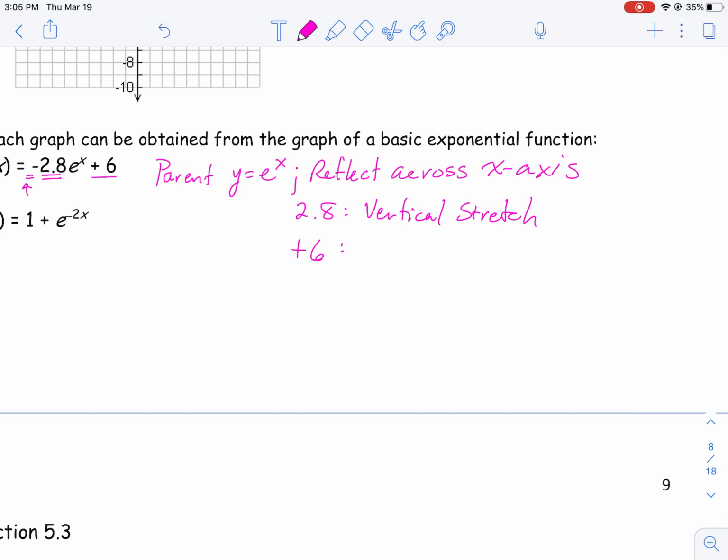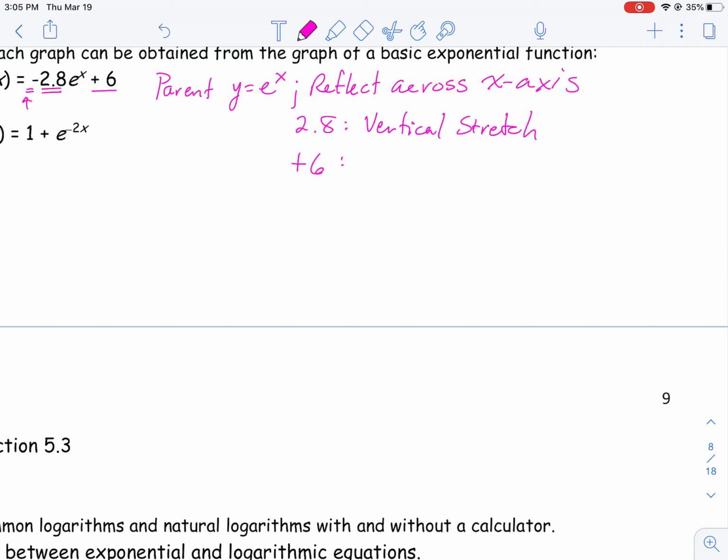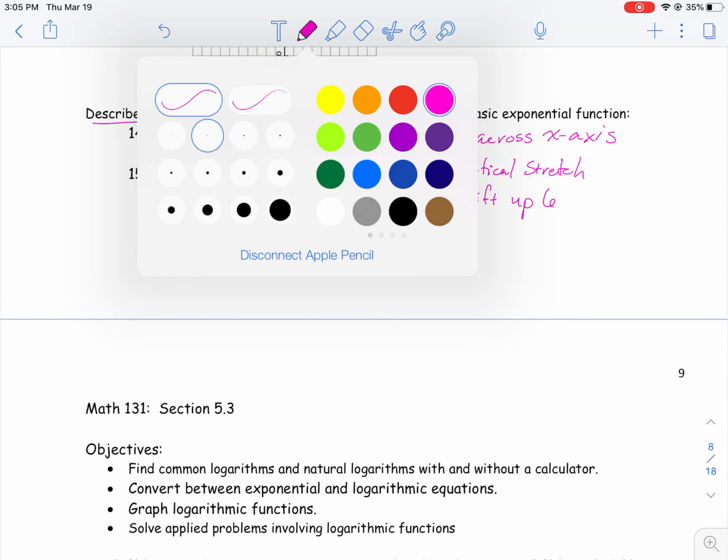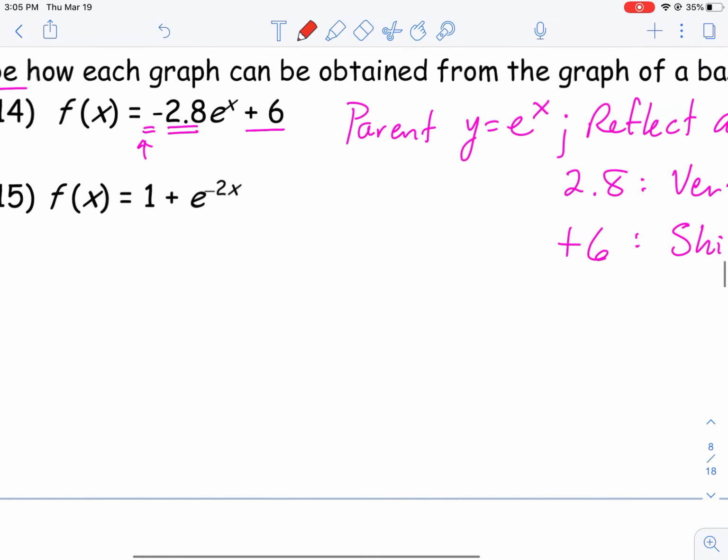And the plus 6, what's the plus 6 going to do? It's going to shift vertically up 6. All right. Let's look at the next one here.